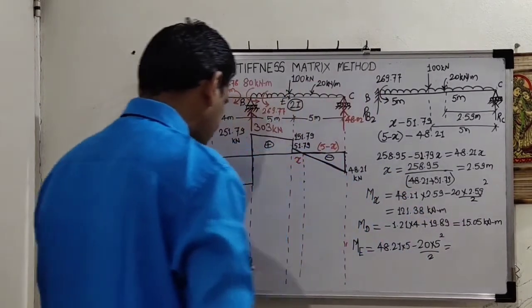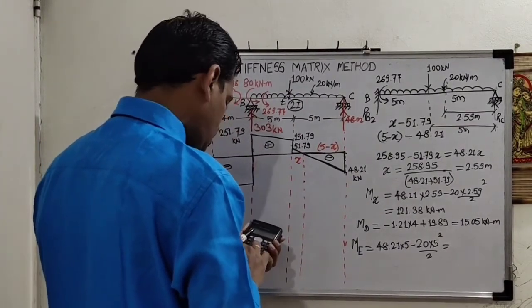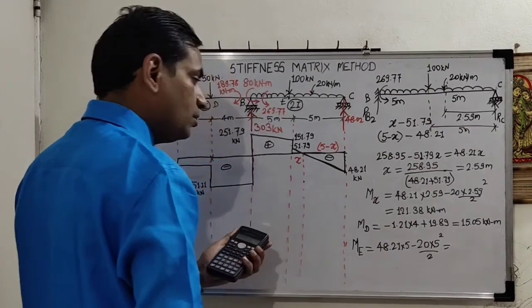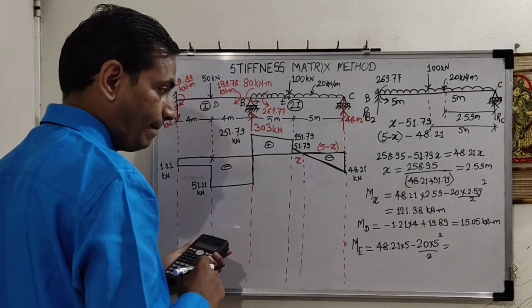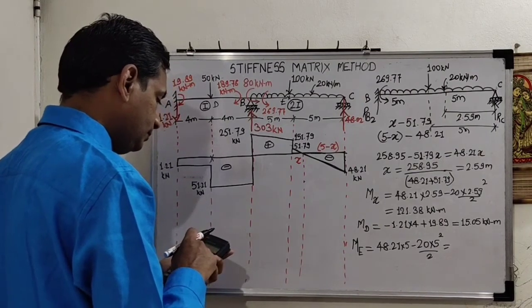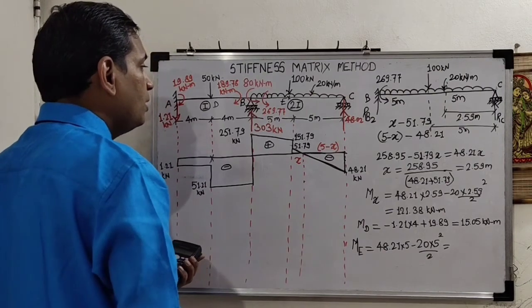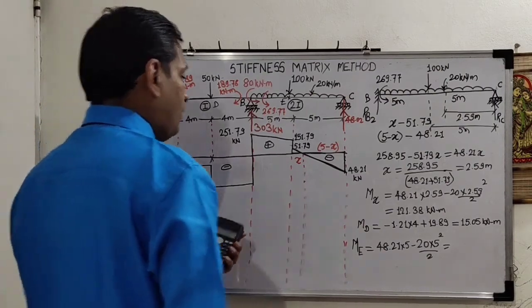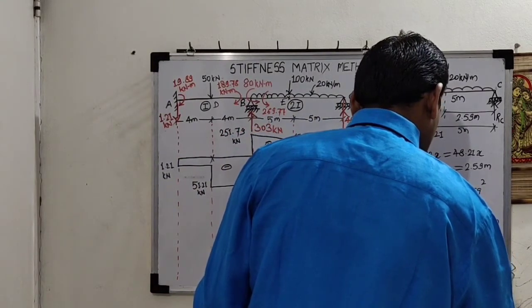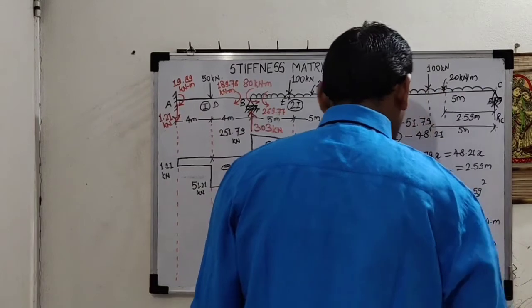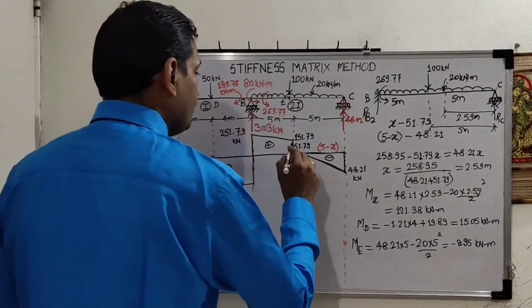Let us calculate. 48.21 into 5 minus, it is minus 8.95 kilonewton meter.